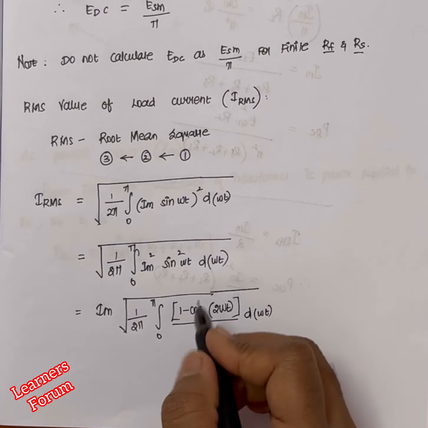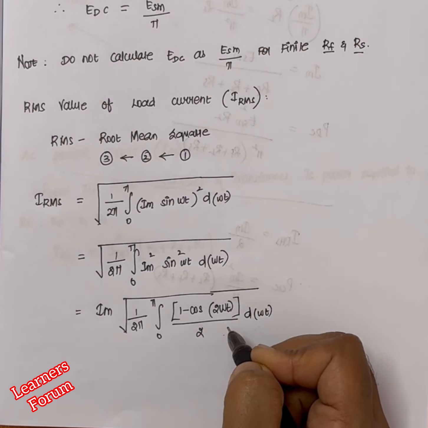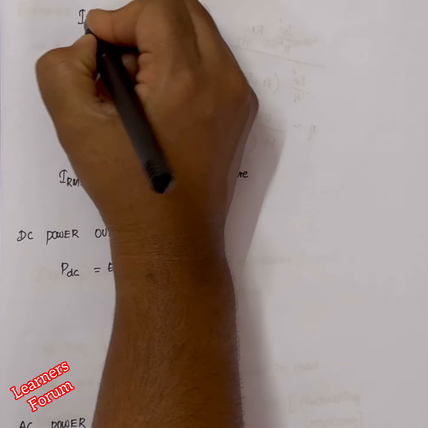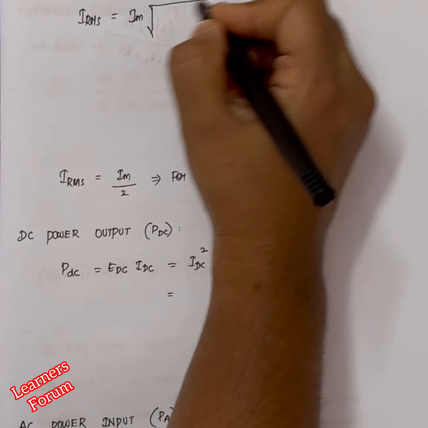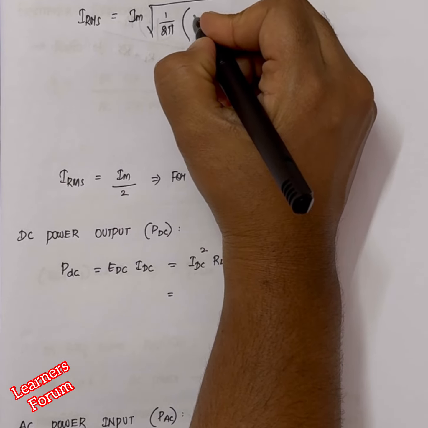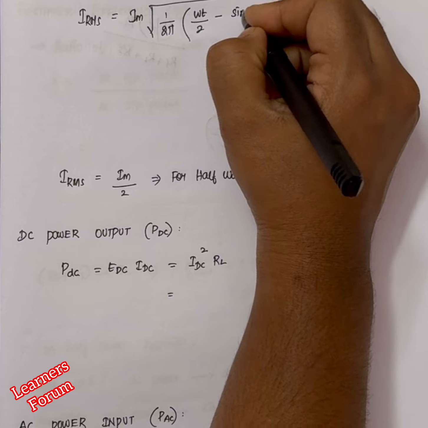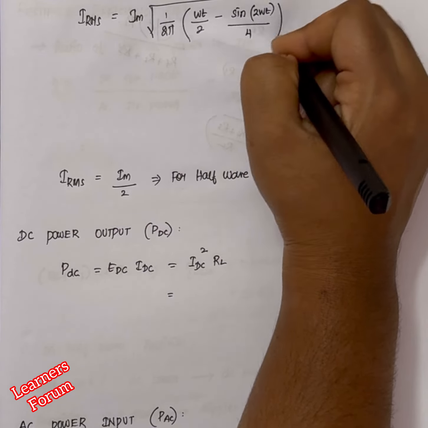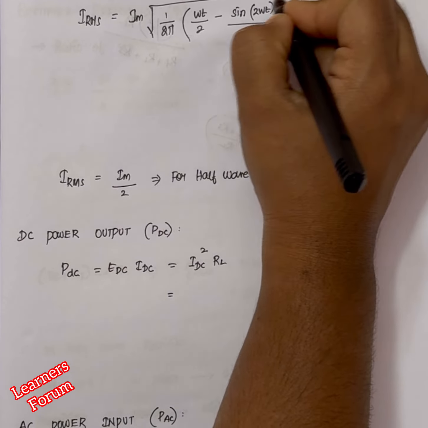Now we have to split up these two terms and integrate them separately to get the actual value of IRMS. So IRMS is equal to Im into square root of 1 by 2 pi, integrating the first term, we get omega t by 2, minus the second term, which is sin 2 omega t divided by 4, and the range of integration will be from 0 to pi.